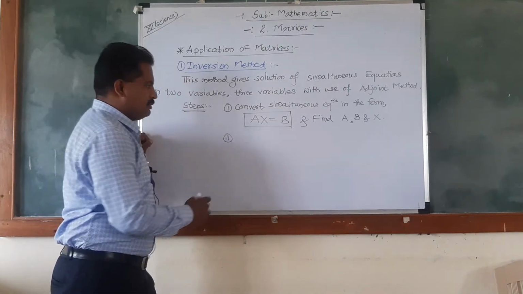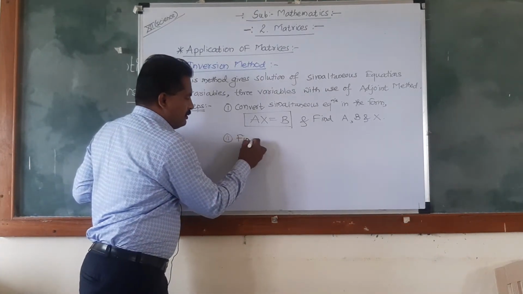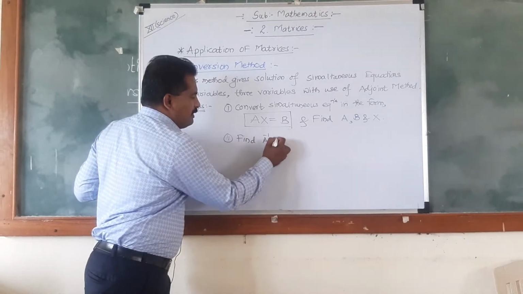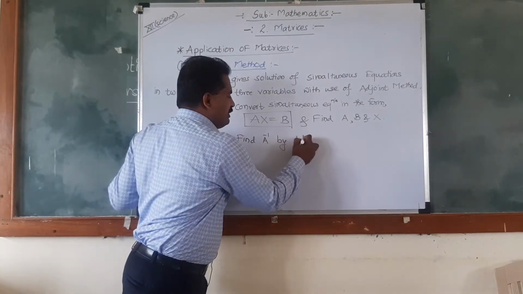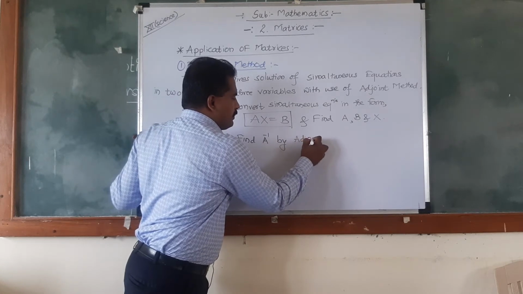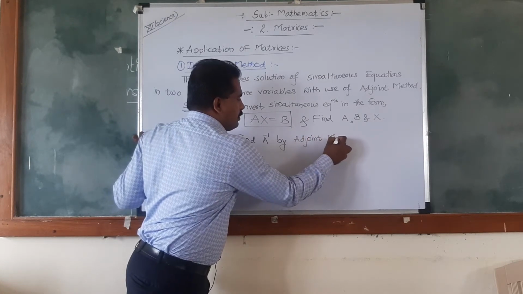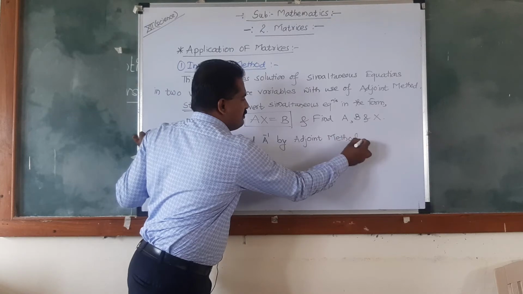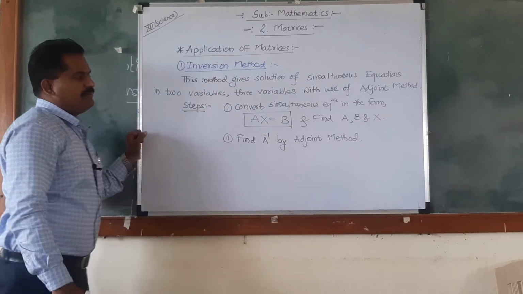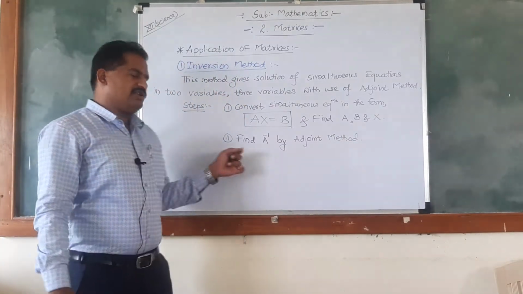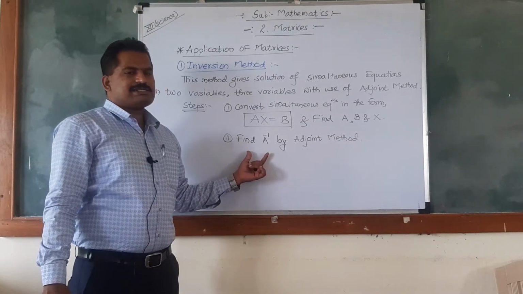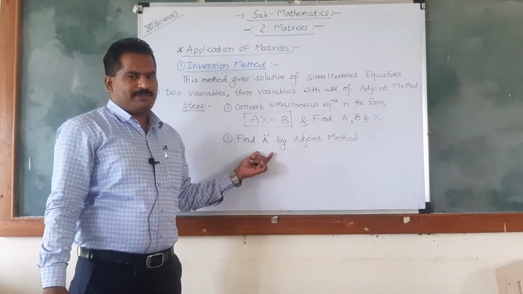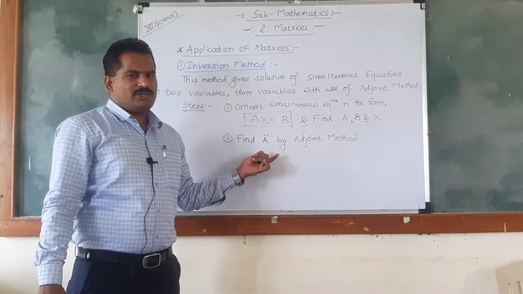Okay, now find A inverse by adjoint method. The adjoint method contains: first, determinant is non-zero.